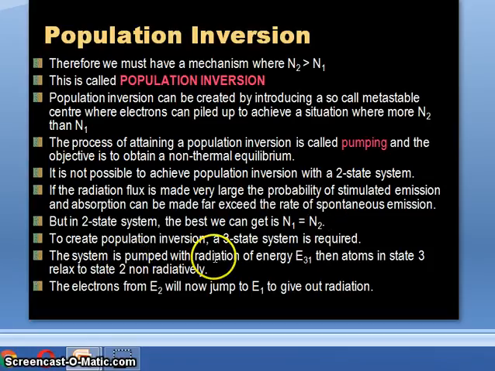To create population inversion, a three-state system is required. The system is pumped with radiation of energy E31, then atoms in state 3 relax to state 2 non-radiatively. The electrons from E2 will now jump to E1 to give out radiation.